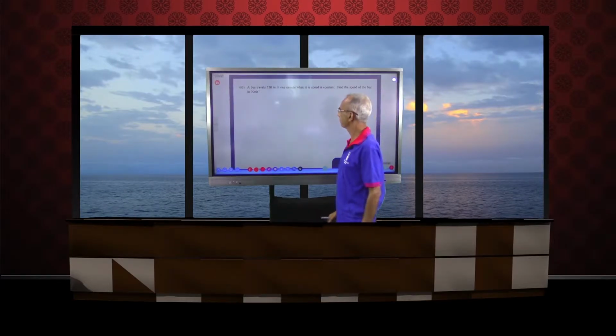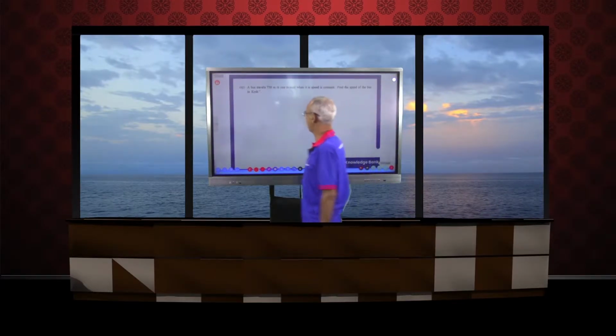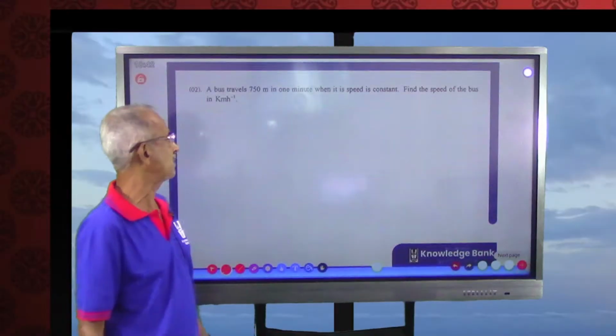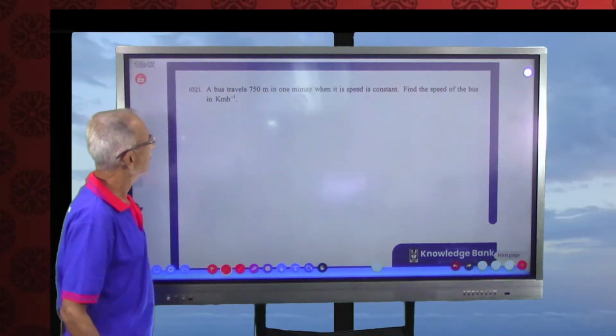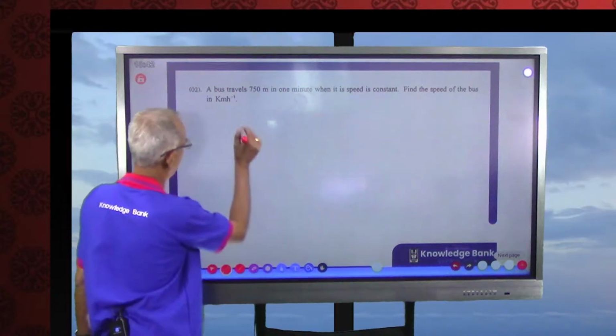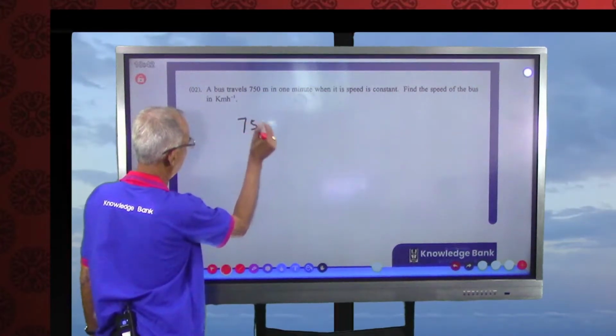Second question. A bus travels 750 meters in 1 minute when speed is constant. Find the speed of the bus in kilometers per hour. It travels 750 meters in 1 minute.